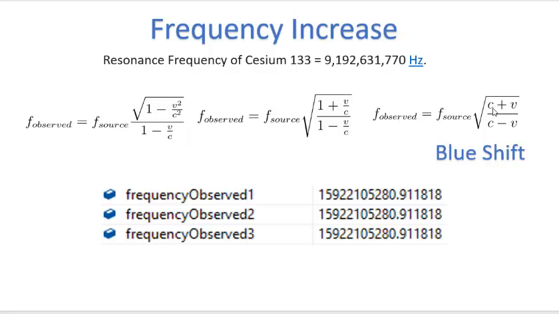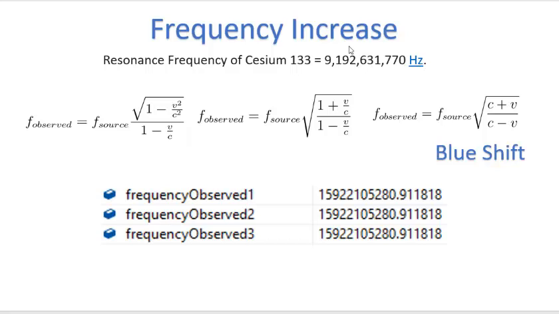So just to prove my point, I wrote a computer program for this equation, for this equation, and for this equation. This is frequency observed 1, this is frequency observed 2, and this is frequency observed 3. And as you can see, all three of these equations produce the same value. The resonance frequency that I plugged in was that of the cesium atom, which is 9,192,631,770 hertz.